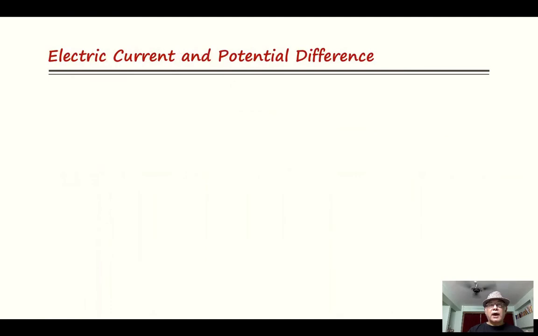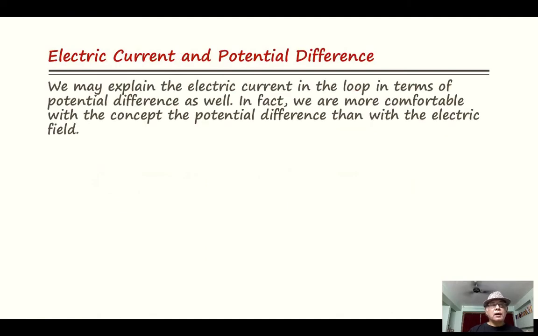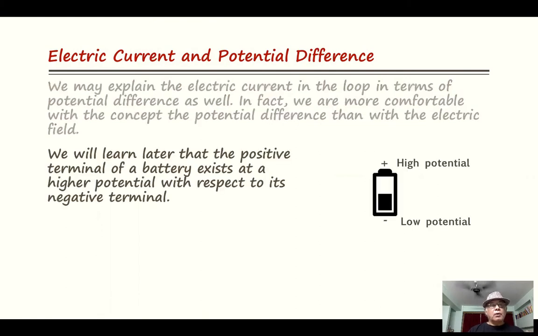Electric current and potential difference. We may explain the electric current in the loop in terms of potential difference as well. In fact, we are more comfortable with the concept of the potential difference than with the electric field. We will learn later that the positive terminal of a battery exists at a higher potential with respect to its negative terminal.